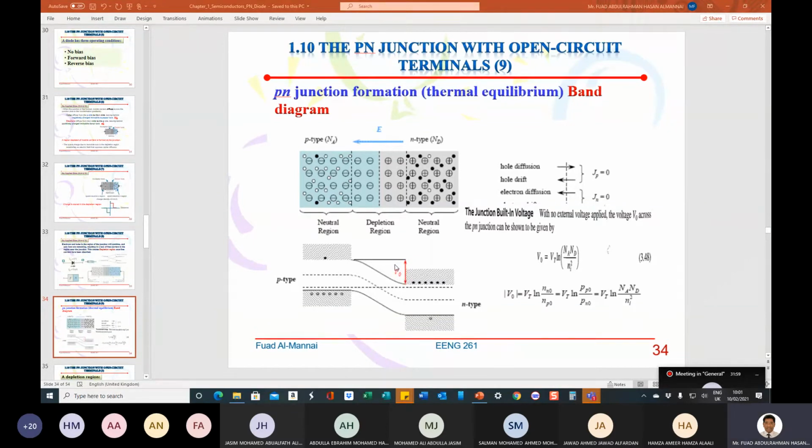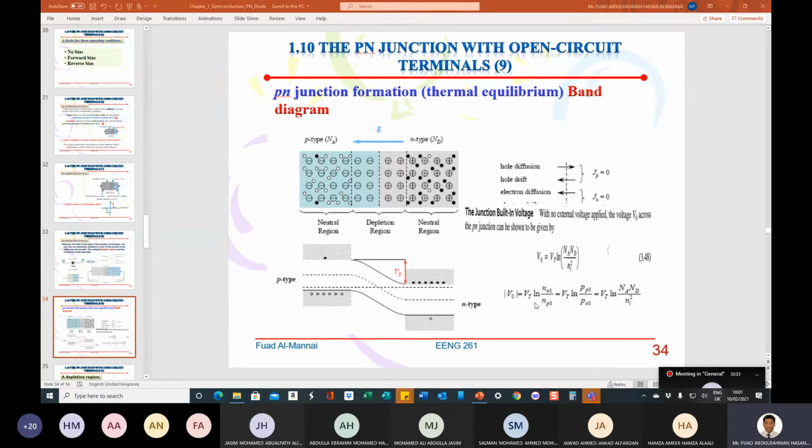When we overcome this voltage, the band diagram will be straight, and therefore the electrons and the holes will cross, which means that the diode will be on.